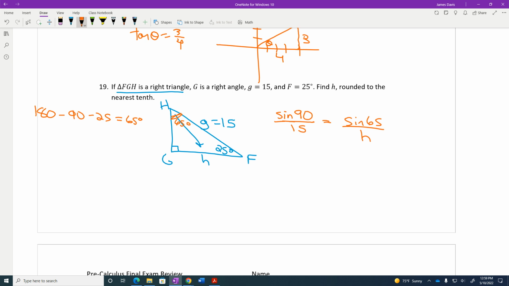And then we're just gonna cross multiply and solve. So we do sine of 90 times h, which we'll just leave as sine of 90h, equals 15 sine 65. And then we just need to divide by sine of 90.